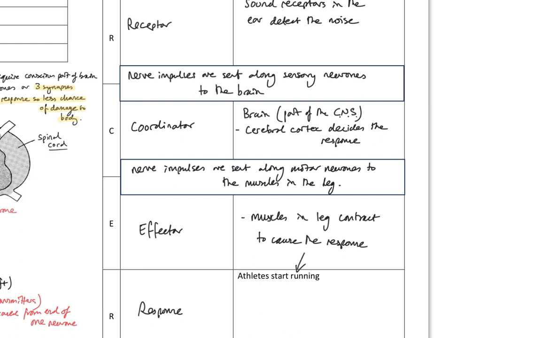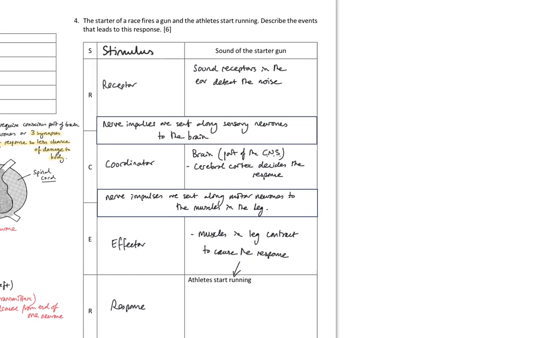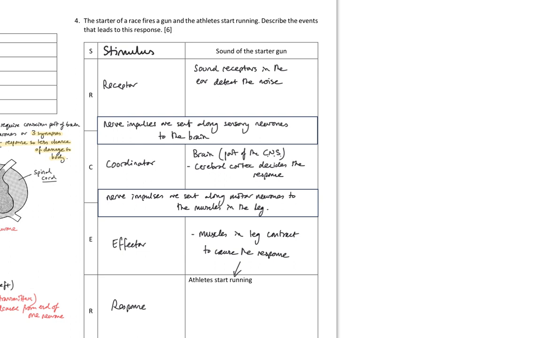Okay, one way we can add a little bit more detail is about synapses. I can mention synapses, that blue asterisk. I can mention synapses, that chemicals diffuse. It was a 6 marker.